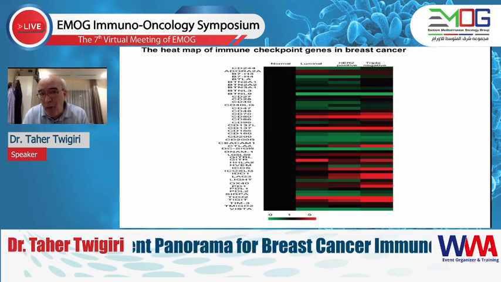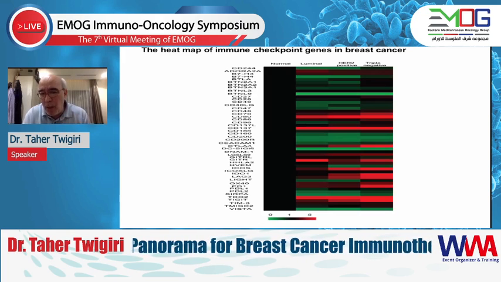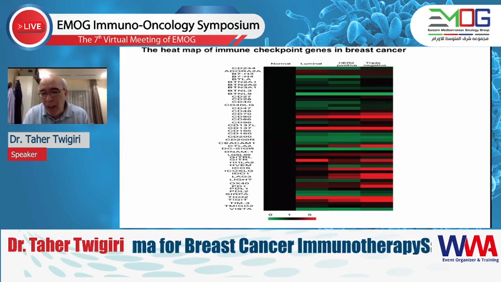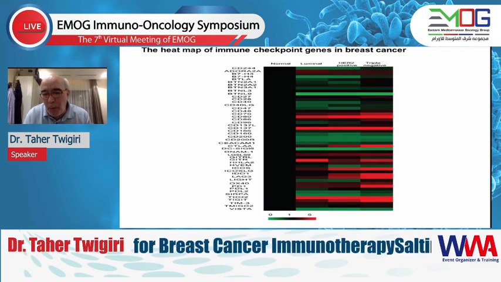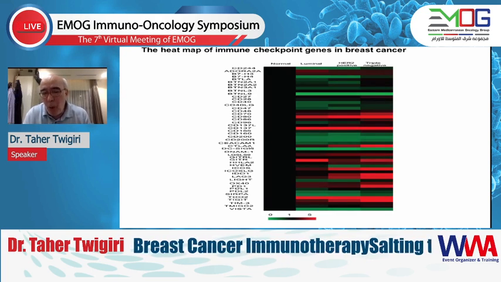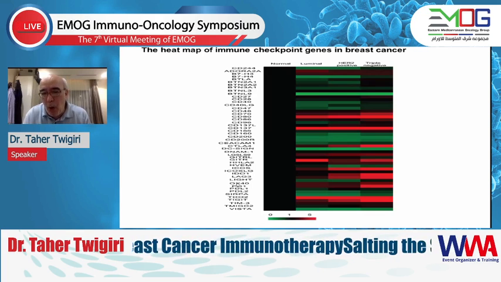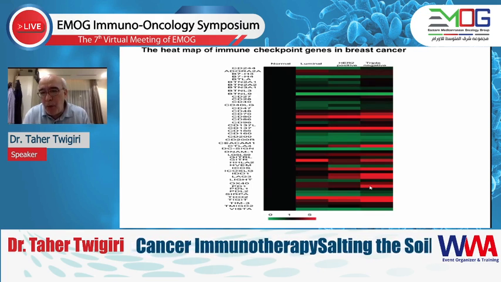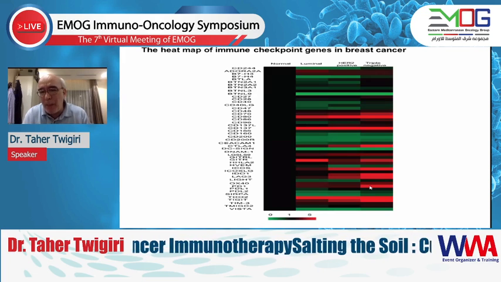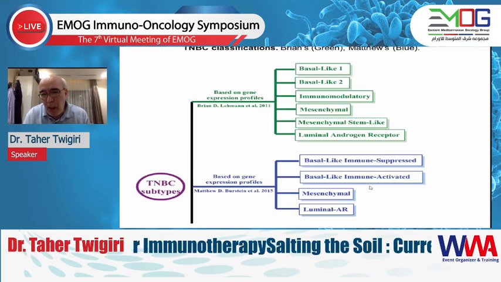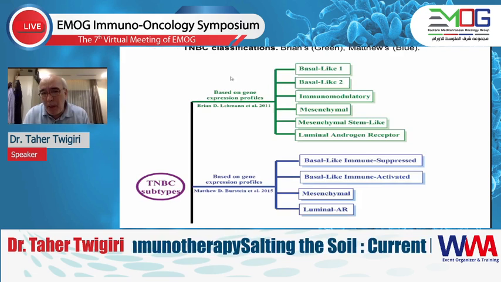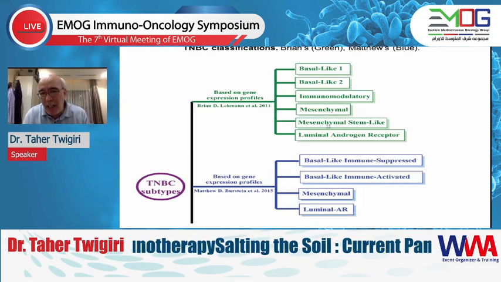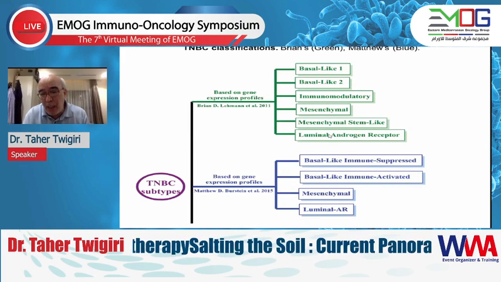So we have 50 of them, but we are using PD1 and PDL1, and maybe we are talking about PDL2, but when we come to OX40, maybe in the future we will have something for such patients.